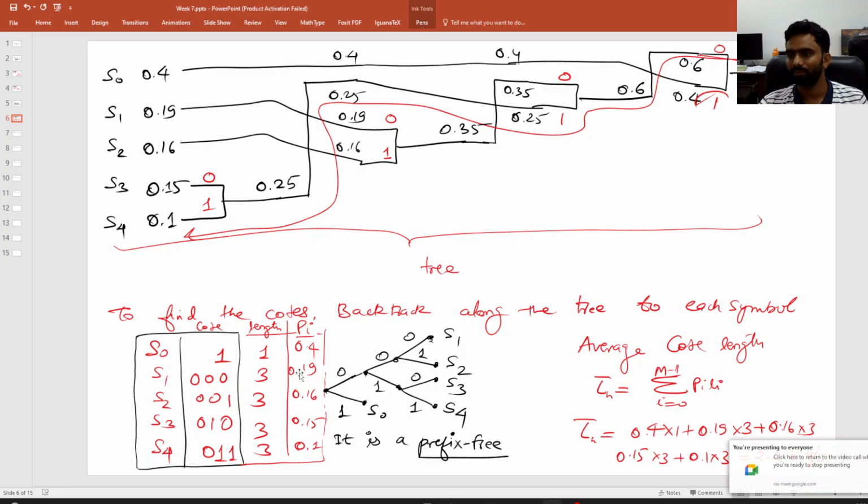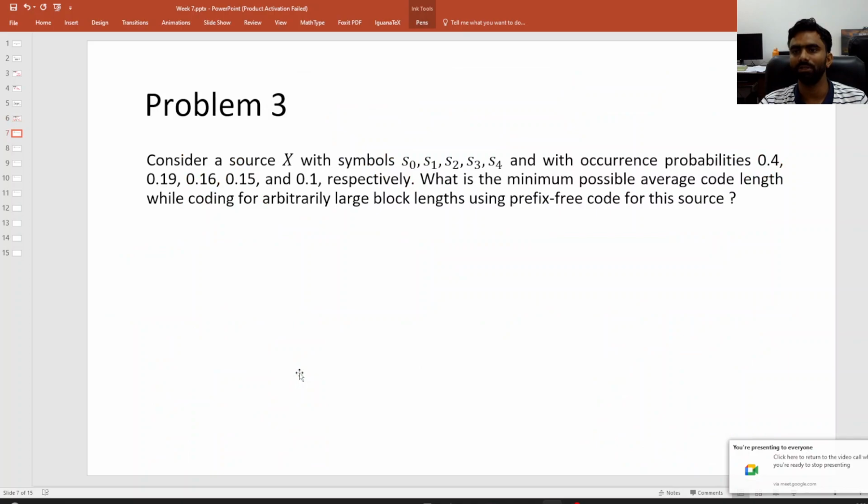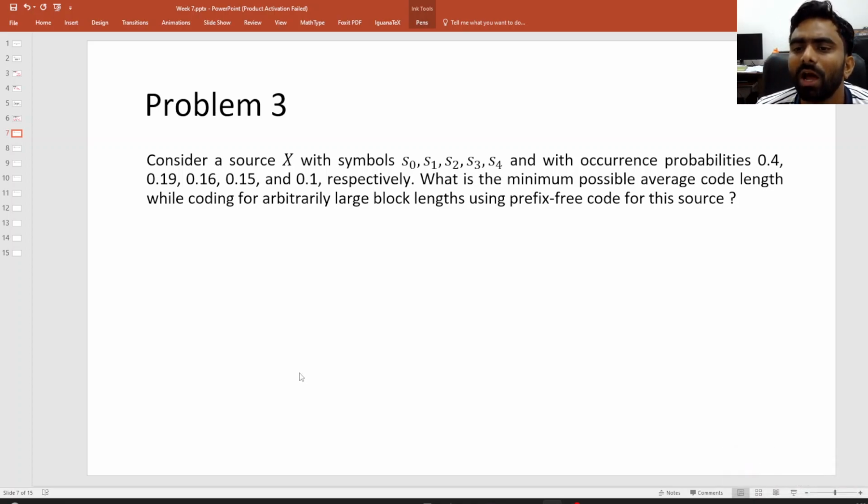So we'll move to problem number 3 now. Consider the source X with symbols S0, S1, S2, S3, and S4 with occurrence probabilities 0.4, 0.19, 0.16, same probabilities. Then what is the minimum possible average code length while coding for arbitrarily large block length using a prefix-free code for this source?